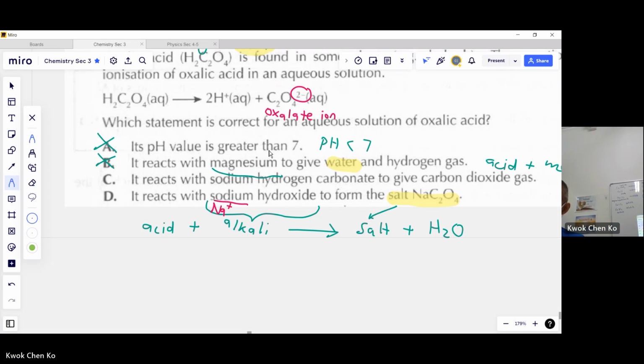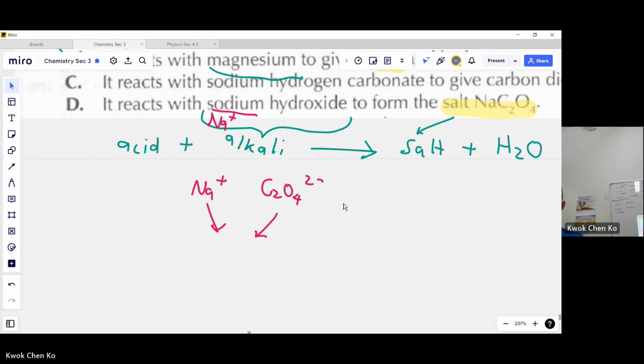Okay. So if I have Na plus and have oxalate here, 2 minus, what's the LCM? 1 plus versus 2 minus. The LCM is, of course, lowest common multiple. So you need to look, LCM is 2, no? This is 1, this is 2 minus, so LCM is 2.